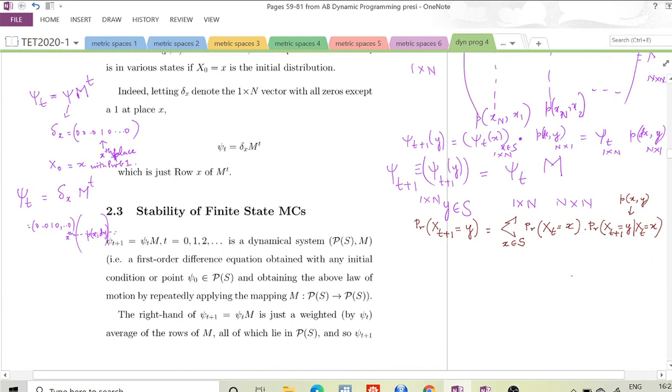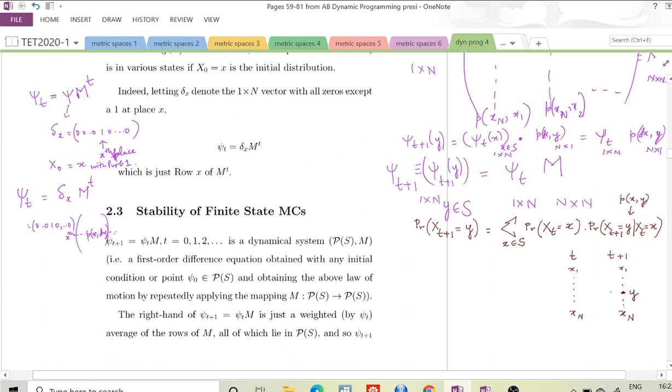So what's happening here is, I have a time t here and a time t+1, and I have a bunch of states. And I'm interested in the probability, in the marginal, that at X_{t+1}, the realized state is some specific y, right?